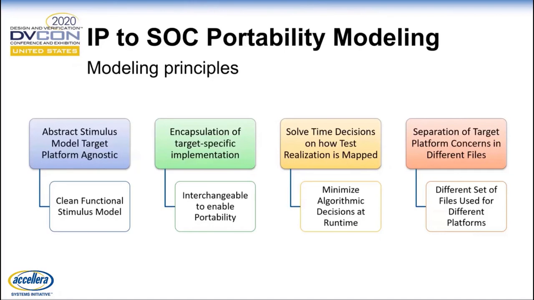But from a user perspective, we want to think like this when modeling. We want to have, first of all, the model behavior, the key behavior, which is platform agnostic. It doesn't know anything about the actual platform it will be running on, and it's a model describing a behavior that can be mapped to any platform.